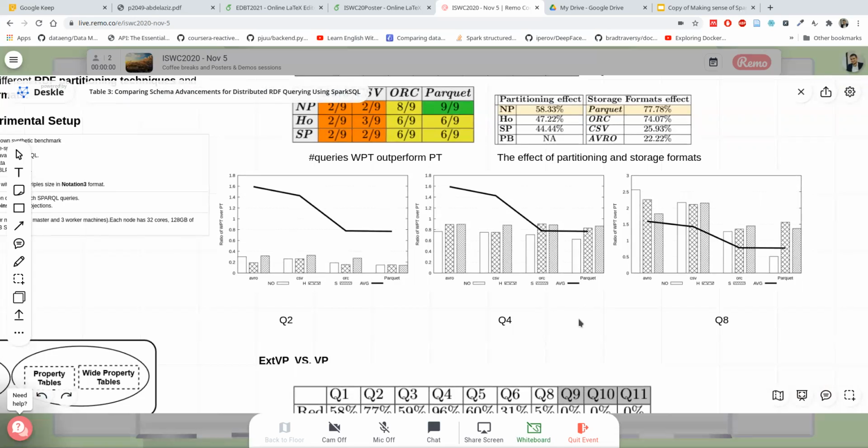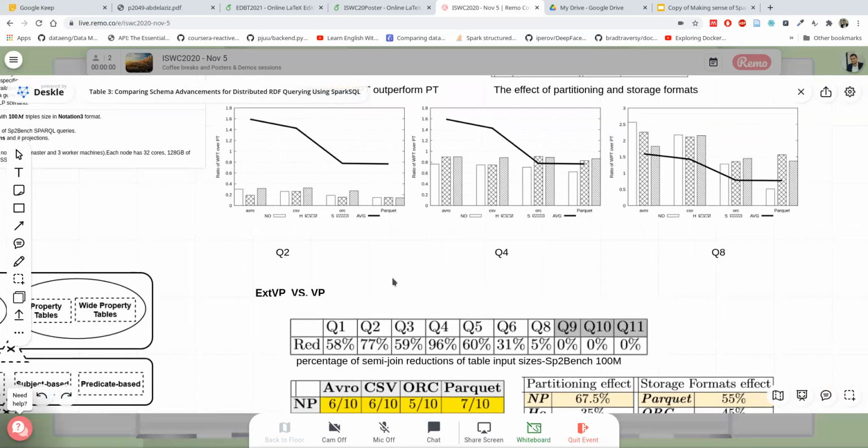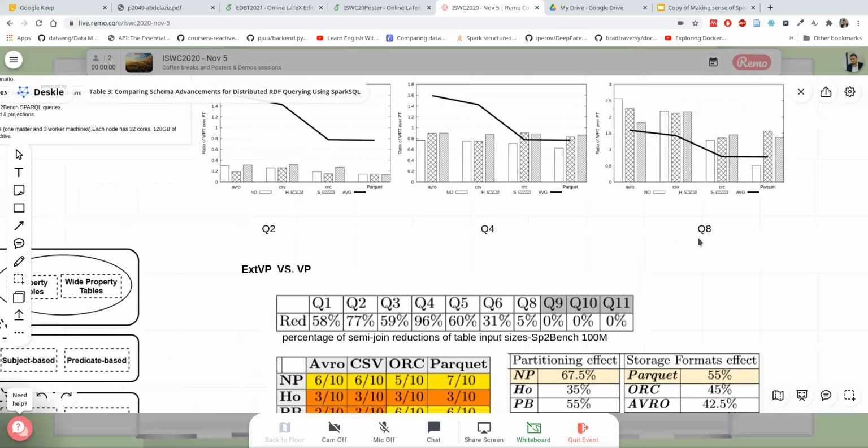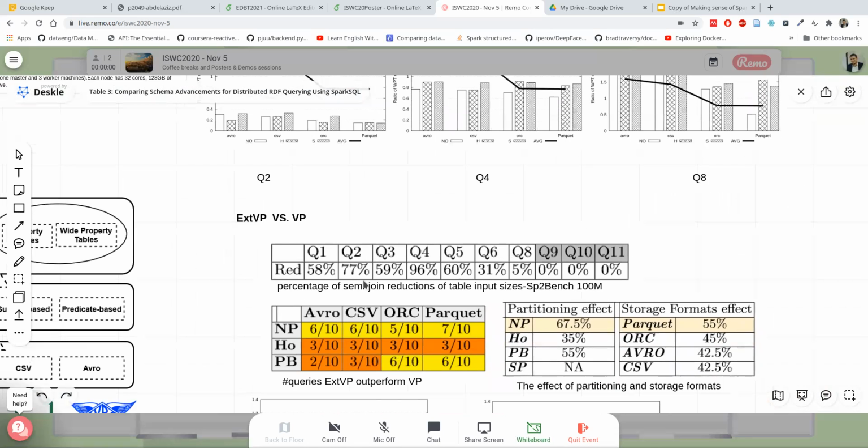Now we move to the ExtVP versus VT comparisons. The performance difference between these two relational schemata basically depends on the percentage of semi-join reductions that ExtVP might introduce over VT, of the input table sizes that participate in the query joins, as shown in the first table over here. For these SP2Bench queries of the 100 million dataset, we compare ExtVP versus VT in a similar way to what we do in WPT versus PT.